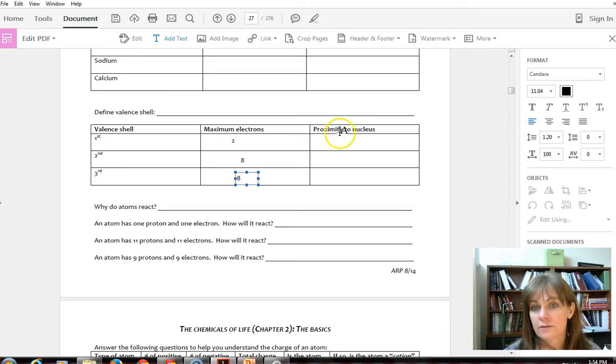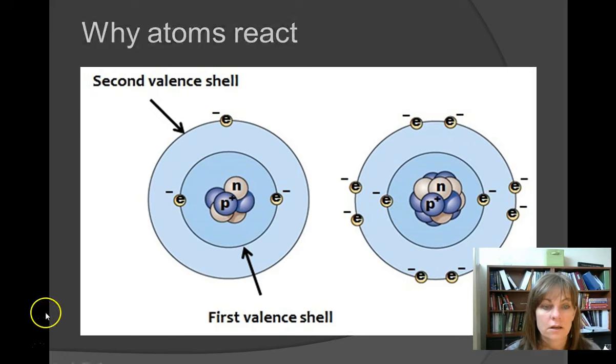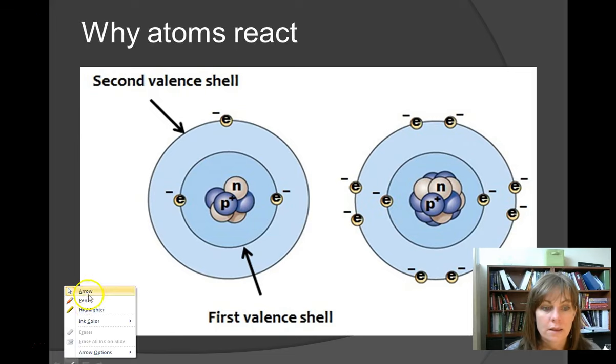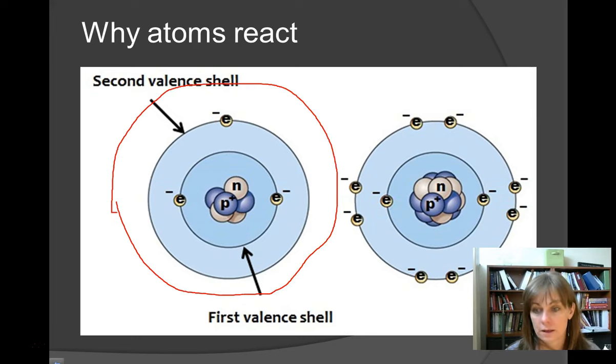Now this here is asking for proximity to the nucleus. That just means how close is this valence shell, this racetrack, how close is it to the nucleus? Well, here you can see the first shell is closest to the nucleus. Second shell is just outside of that. And as a reminder, if we were going to draw that third shell, we would have drawn it way out here on the outside.